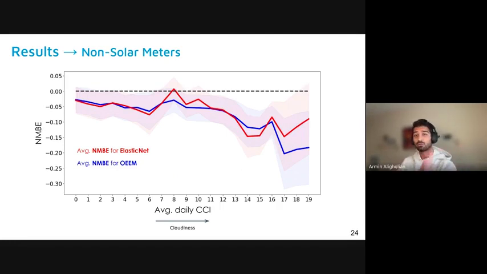And as we go towards the more cloudy days, this is more obvious. The new model is doing a little bit better job, but it's not that significant. So that's one of the things that we need to look at in more detail in future analysis. But as of now, for the non-solar meters, we have under prediction for both of them.